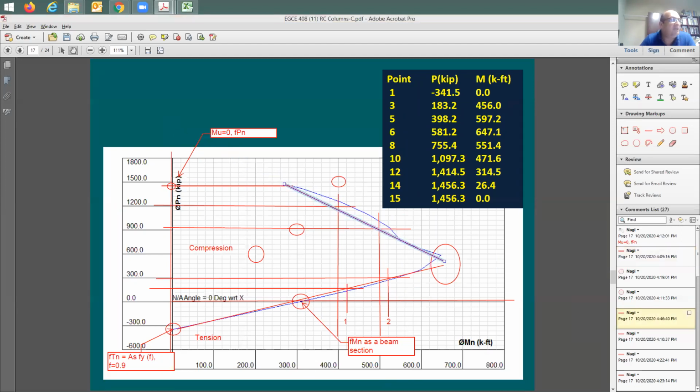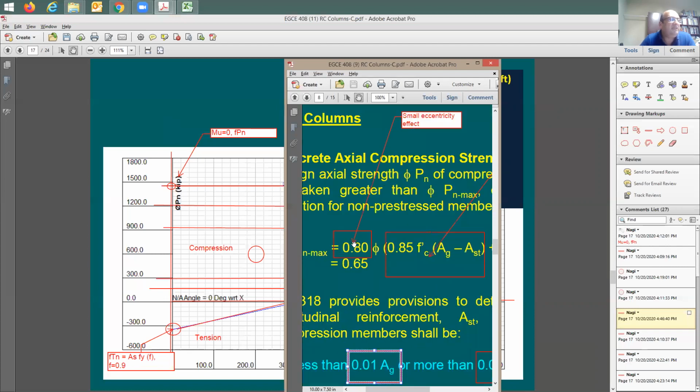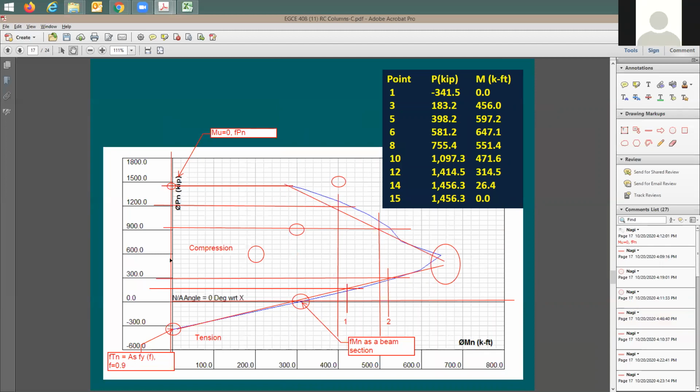This drop is equal to 20%. Why 20%? This drop is to take care of the small eccentricity effect. If you'd like to ignore the small eccentricity effect, you should have used this factor of 1. So this value here is going to be 80% of this value if you would have extended this curve all the way to here.